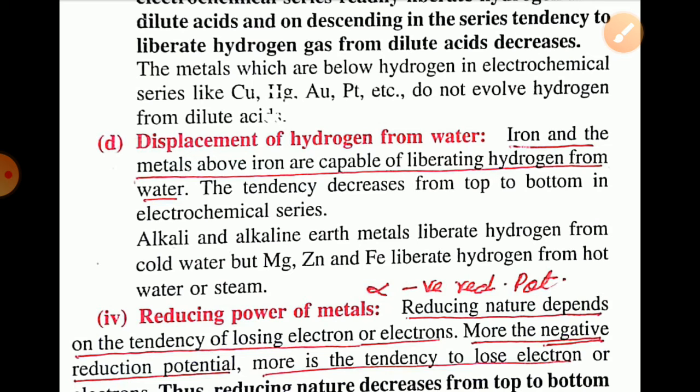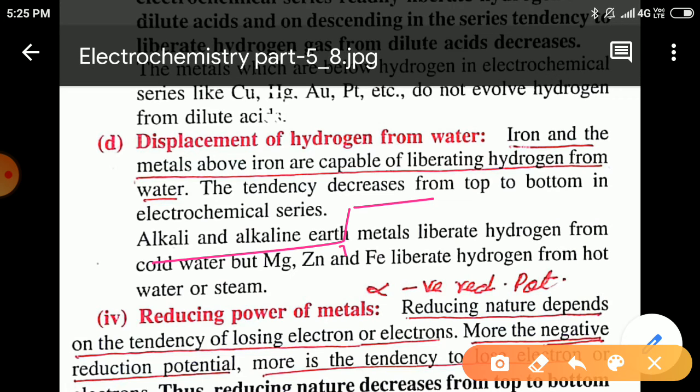Means in the reactivity series, iron and the elements above iron have the tendency to react with water to release hydrogen gas. The tendency decreases from top to bottom in the electrochemical series. Alkali and alkaline earth metals liberate hydrogen from cold water, but magnesium, zinc, iron liberate hydrogen from hot water.